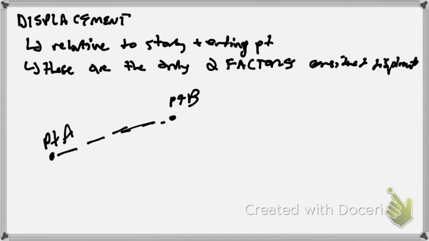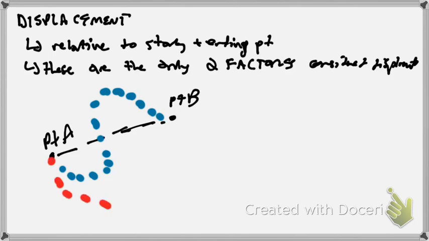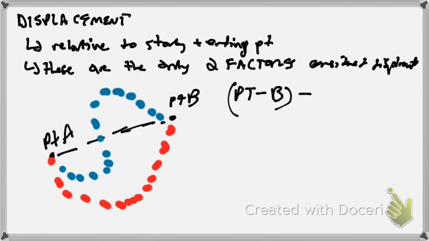It doesn't matter if he actually went from here to here to here to here, right? It doesn't matter if it actually took him this much, right? The difference between point B and point A, right?